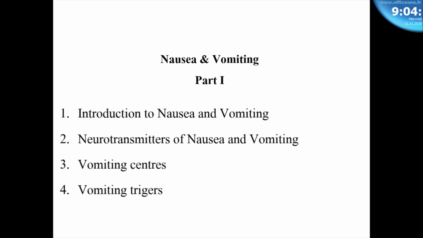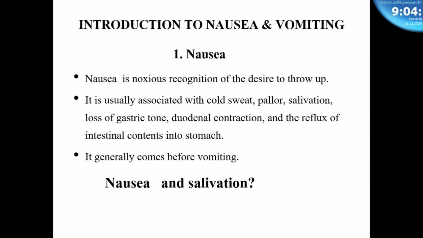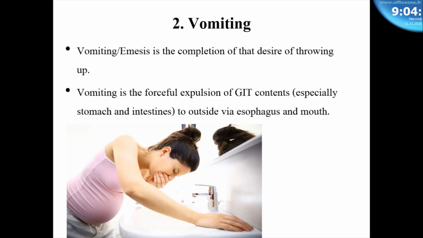That bicarbonate, remember, is a buffer. It comes and coats the mouth and the esophageal lining, so that once vomiting occurs, the acidic nature of the stomach content is not going to damage your esophageal lining and mouth.